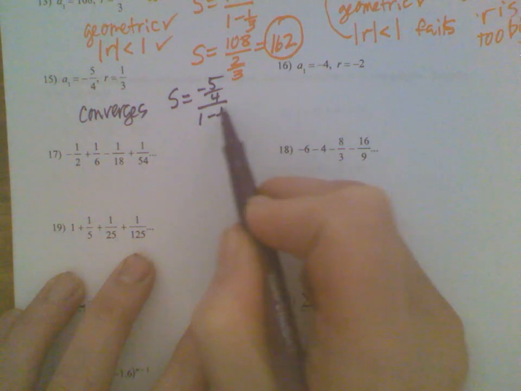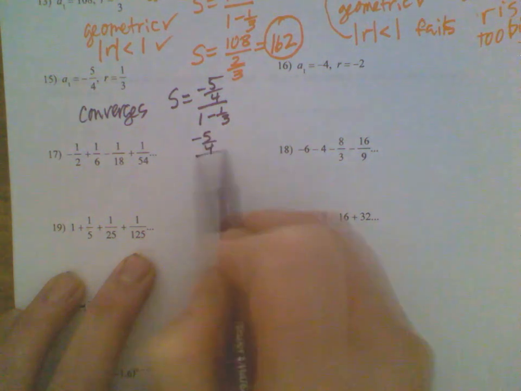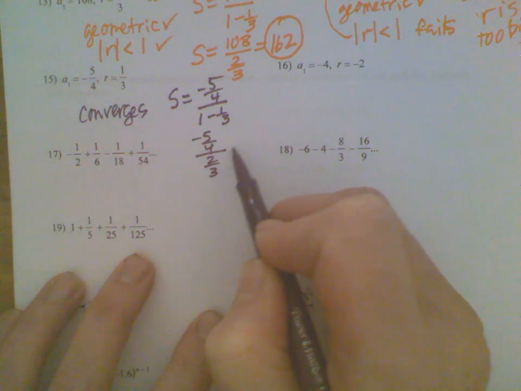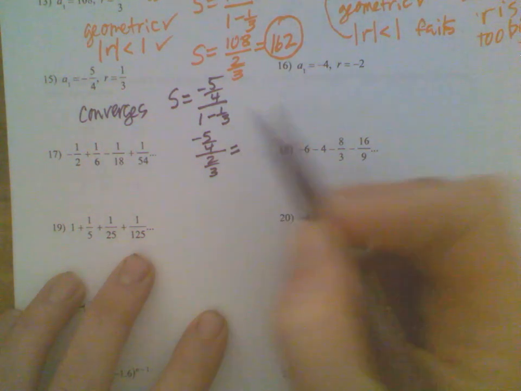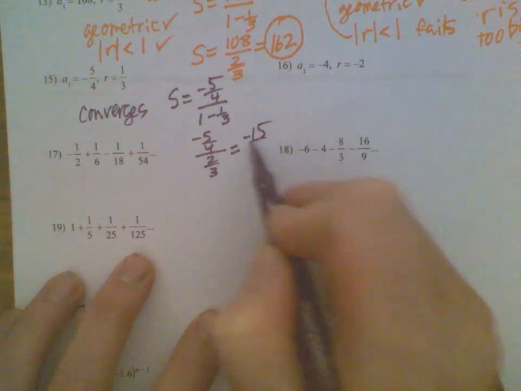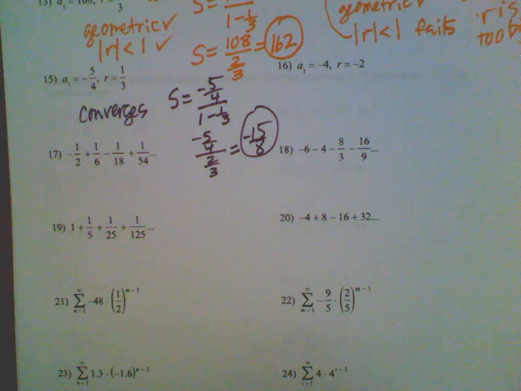And again, we've got to do the math on that. So negative 5/4 over 2/3. I'm going to go ahead and simplify that. I'll flip and multiply, and so it looks like negative 15/8. Again, you can check my math on that if you want to.